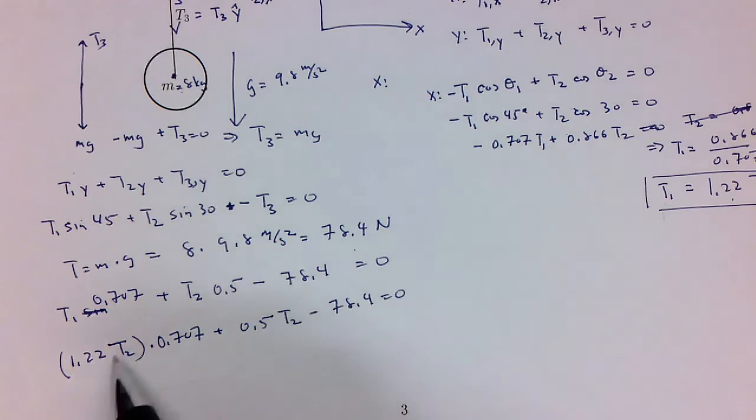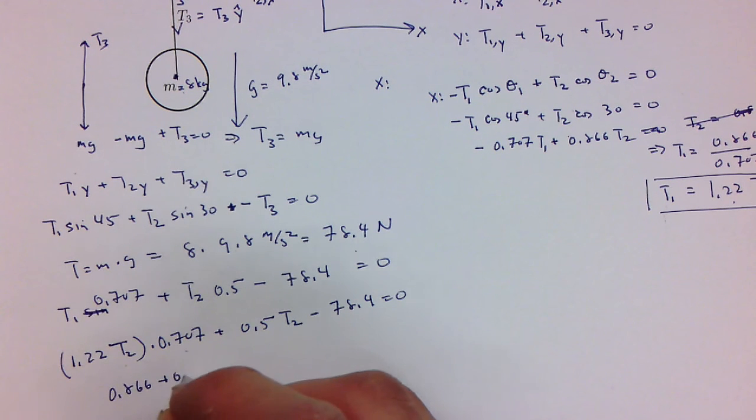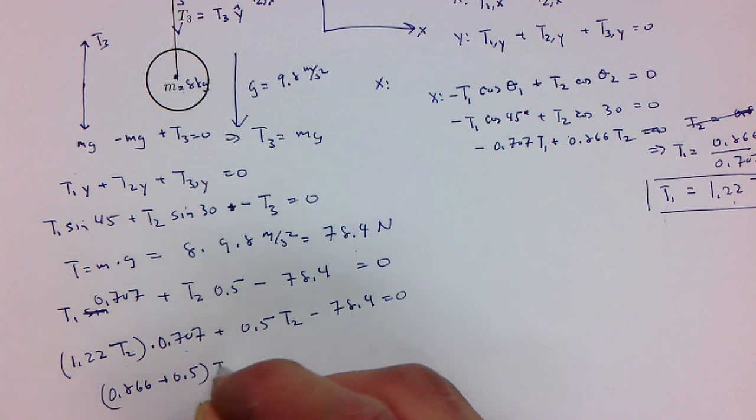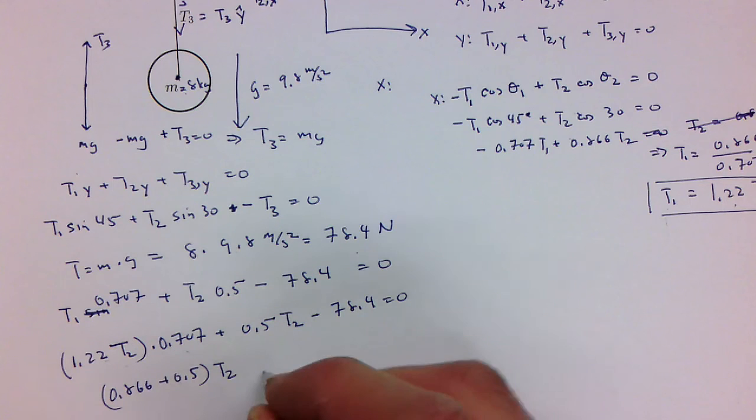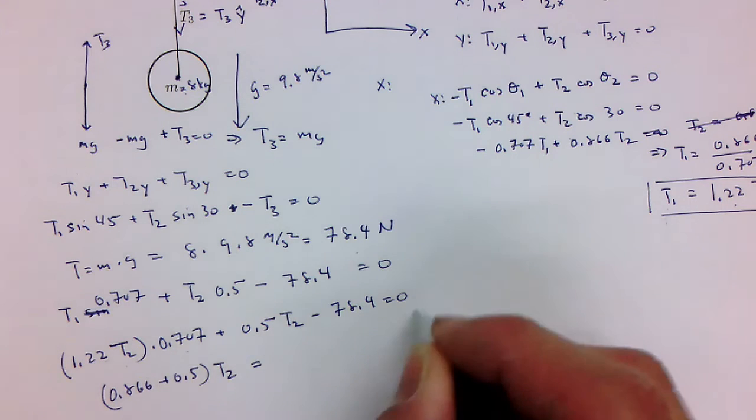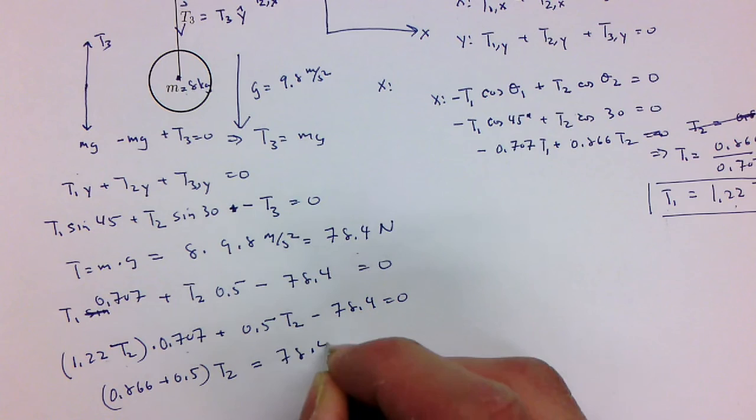If you write out these two numbers, it turns out this is going to be something like 0.866 plus 0.5, times T2, is equal to, bringing this to the other side, 78.4.